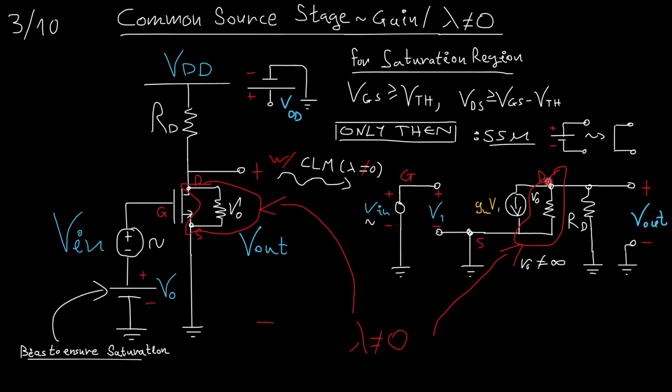Now it is not. And also, I've drawn it like this here, but in reality, there's no actual resistance between the drain and the source. This is only valid in the small signal model. But I added this here just so you can develop your intuition into how these topologies work.